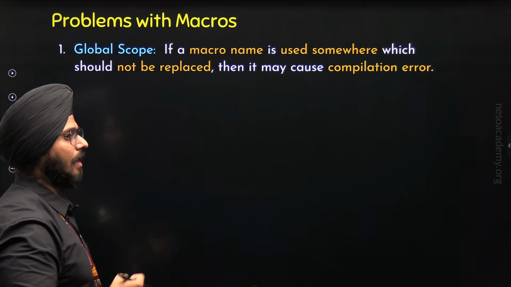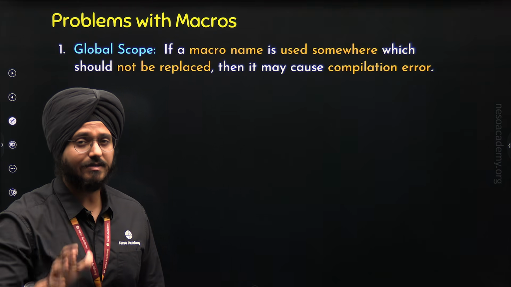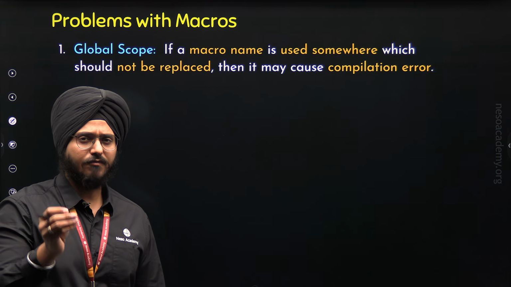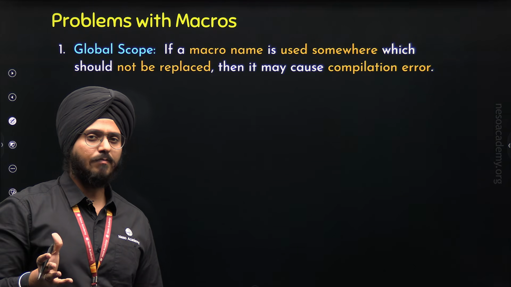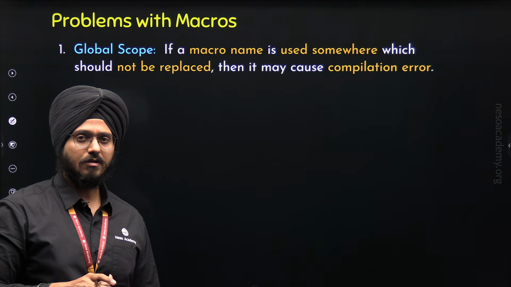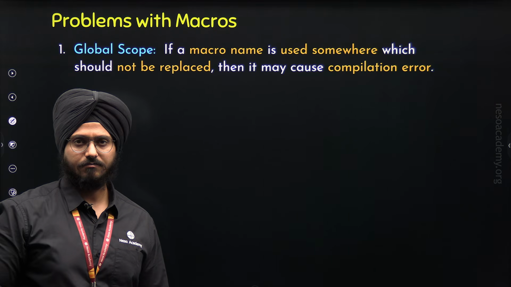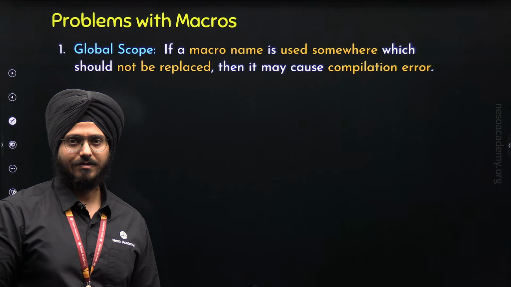By global scope, I mean that a macro is visible to the entire program, even if it is defined within a function. It does not matter where we define the macro, it is available to the entire program.